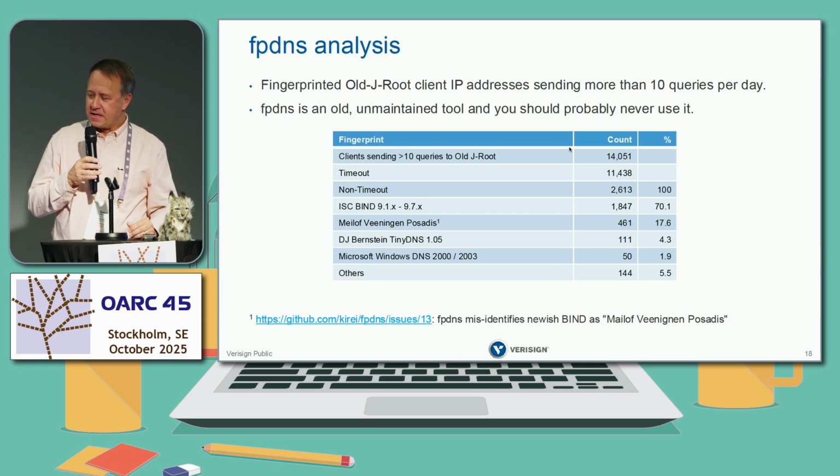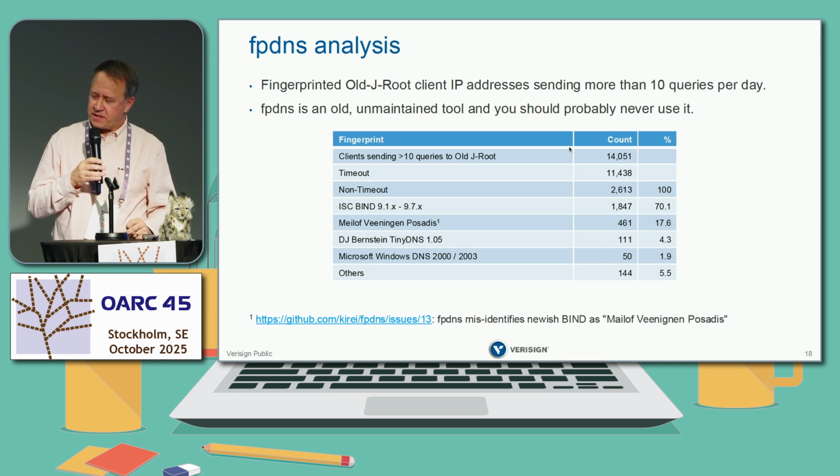So again, I used that tool on those clients that sent more than 10 queries per day. A lot of timeouts. Of the ones that did not time out, you can see broken down here that 70-something percent indicated they were BIND 9.1 to 9.7.